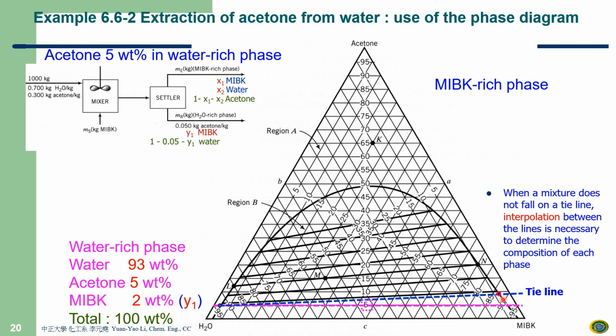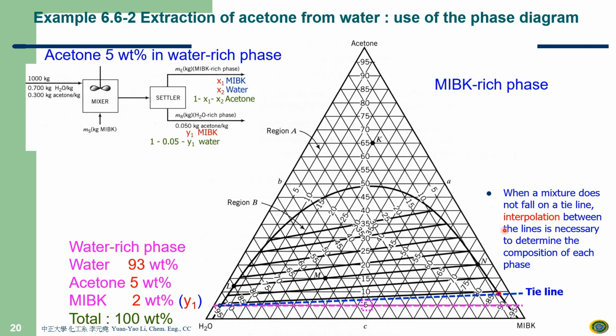Well, it's okay, but if you draw a tie line below this pink line, this is too far and not correct. When a mix does not fall on a tie line, interpolation between the lines is necessary. This is a quick way to get the answer. Don't be too stubborn, right? If there's no tie line, I cannot get any answer, this is not engineering thinking.